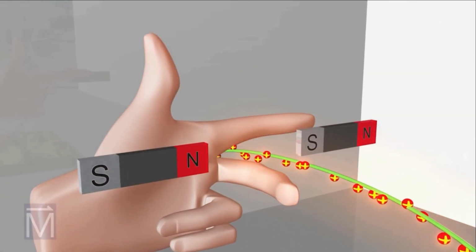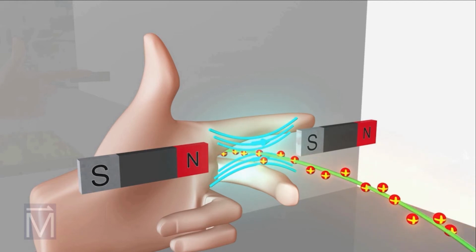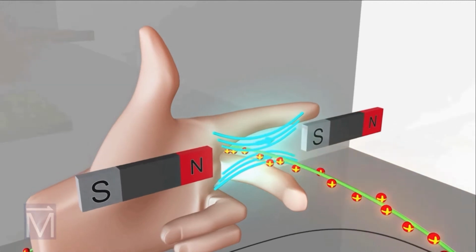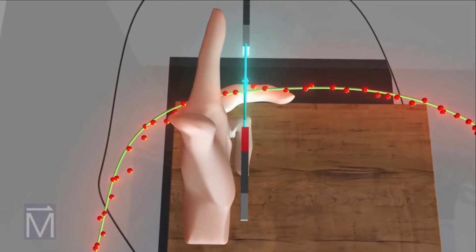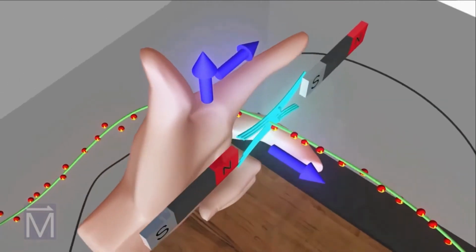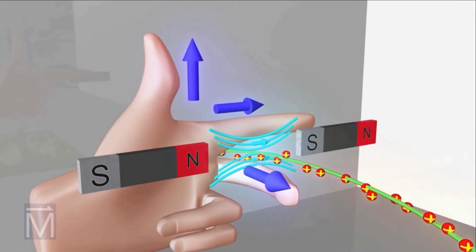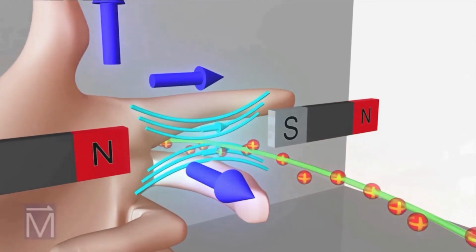Let us stretch the middle finger, forefinger and the thumb of our left hand mutually perpendicular to each other, in such a way that the forefinger shows the direction of magnetic field. It is showing from north to south. The middle finger is showing the direction of flow of electric current. Then the thumb shows the direction of mechanical force or the motion of conductor.